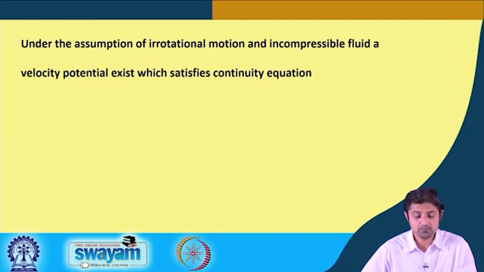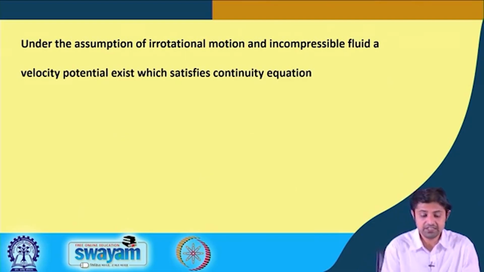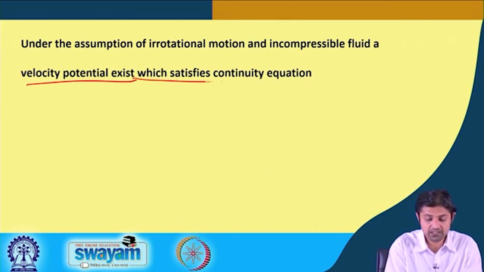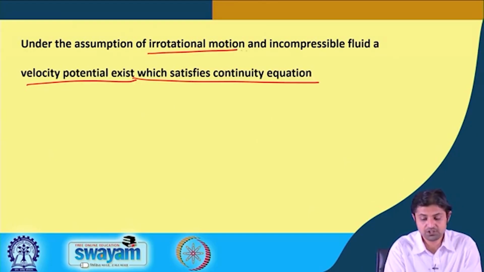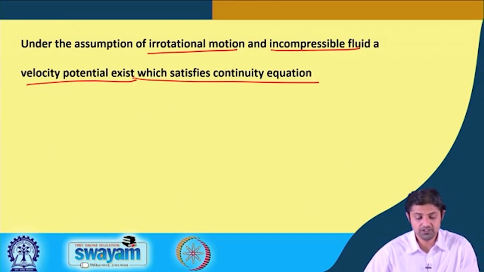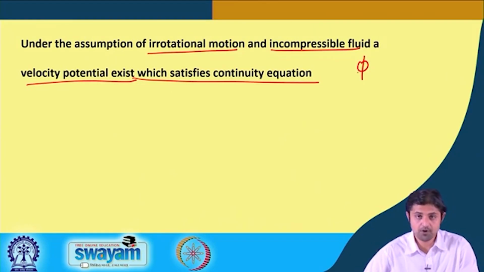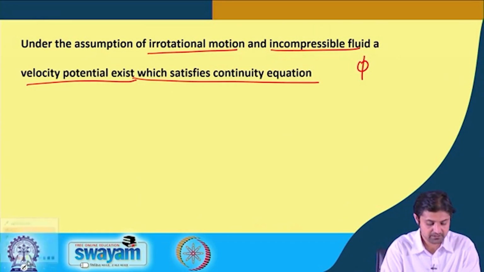Now, under the assumption of irrotational motion and an incompressible fluid, as learnt in our viscous fluid flow class and the basics of fluid mechanics, kinematics, there will exist a velocity potential which should satisfy the continuity equation. So what are the assumptions? Irrotational motion and incompressible fluid, there exists a velocity potential phi from our basic fluid mechanics classes.